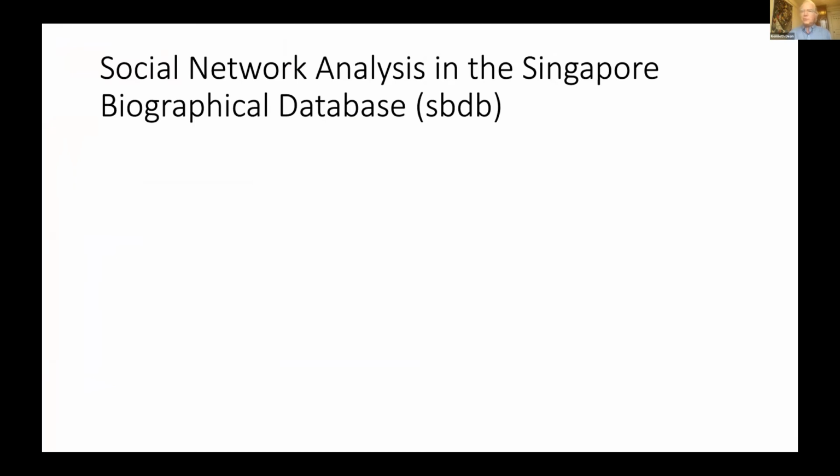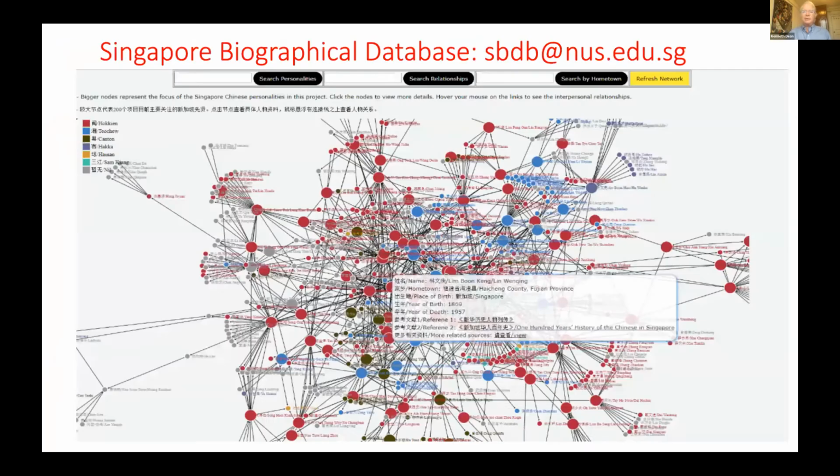So turning now to the SBDB, this was designed by Yan Yingwei, who gave a presentation earlier. He figured out a way, using coding for websites, to allow this network to appear on the web and to be manipulable. So you can pull a point to the side and its surrounding connections will follow it.